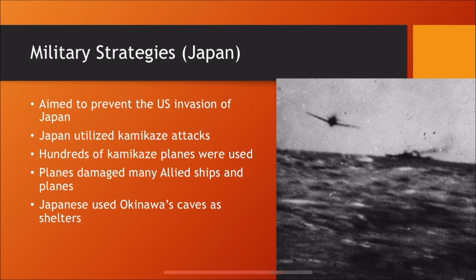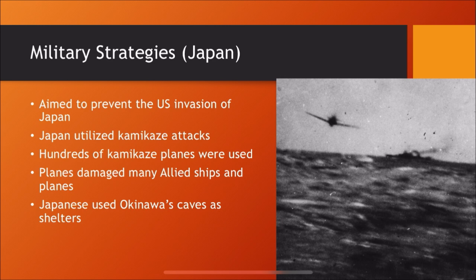Now I'll go into the military strategies that were used by Japan. Japan's goal was to prevent what seemed like an inevitable United States invasion. They hoped that their kamikaze planes would destroy the U.S. fleet, preventing the invasion from happening.